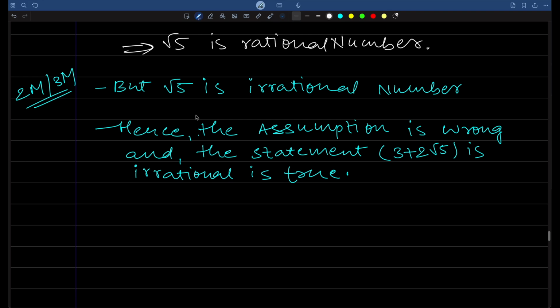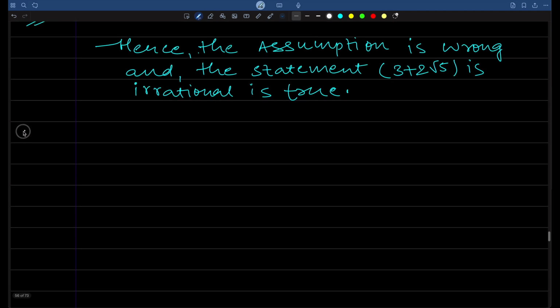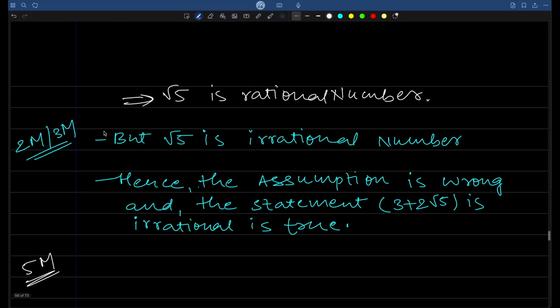If the question is of 5 marks, then you have to prove that root 5 is also an irrational number.